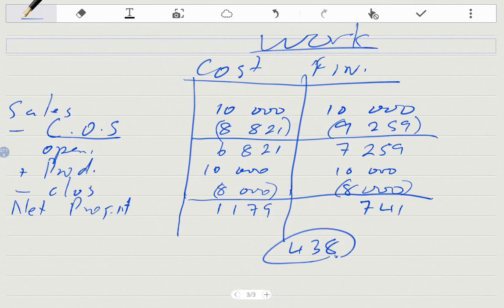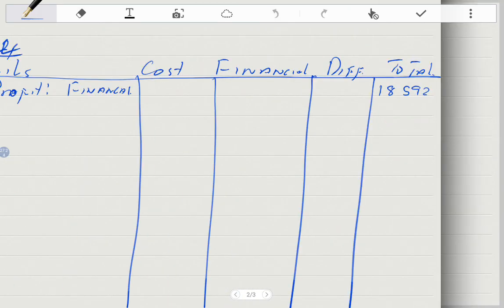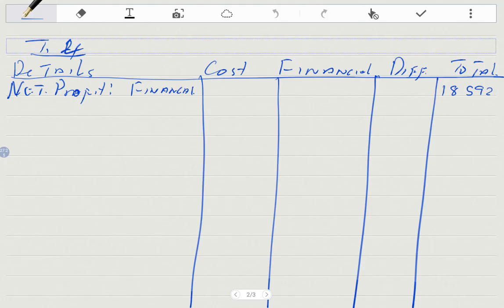Now, this is what you are doing. If you go and check again how we drew up our reconciliation, we started with the net profit according to financial, 18,592. We want to make it equal to the profit of the cost.